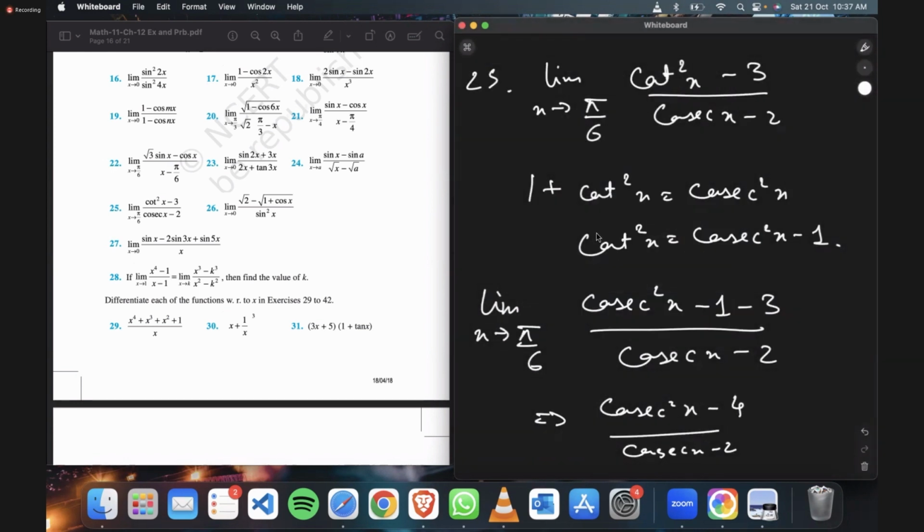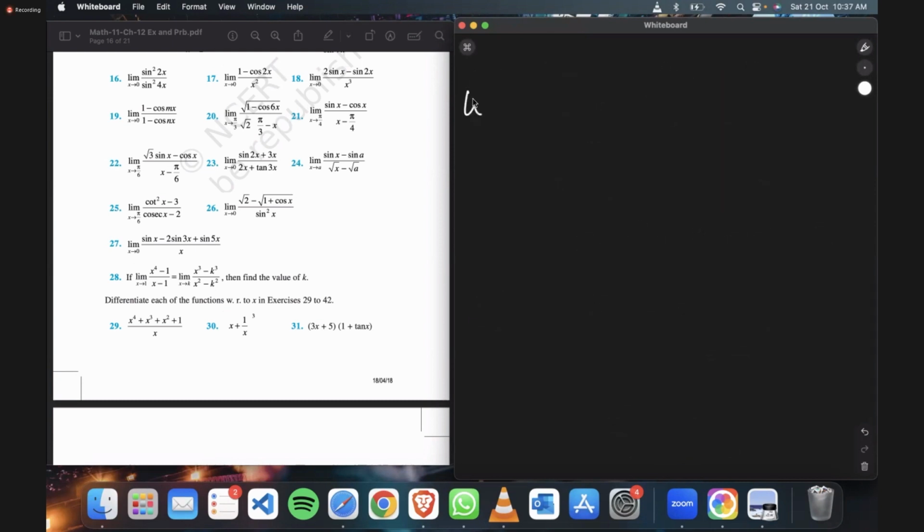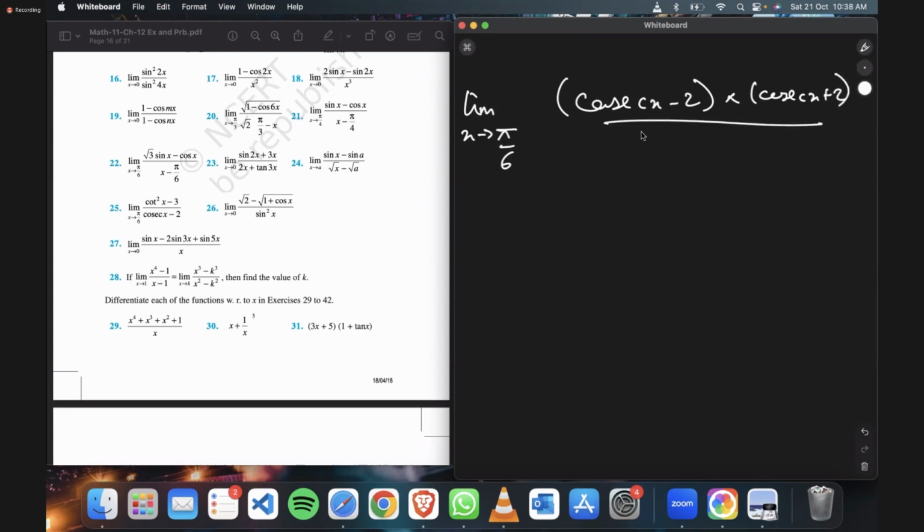What can I write this as? My limit x is tending to pi by 6. In numerator, I'm going to have (cosec x minus 2)(cosec x plus 2). And in denominator, I had a cosec x minus 2. Alright, so what are we going to be left with?